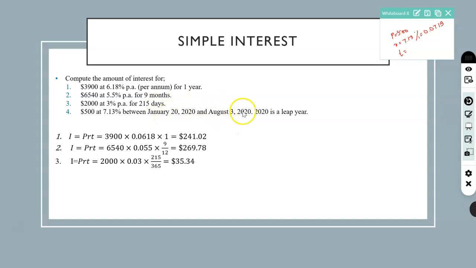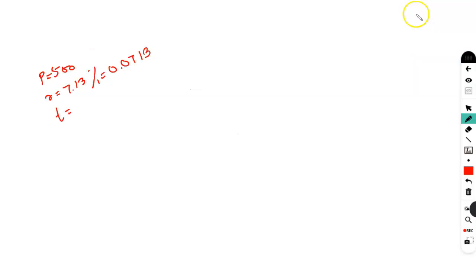Because the dates are different, here you need to count the number of days. How are you going to count the number of days? You will count either the first one or the last one. So we have January 20 to August 3, right?